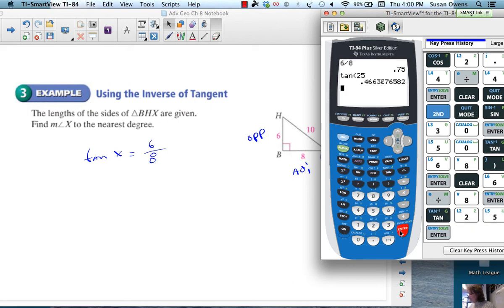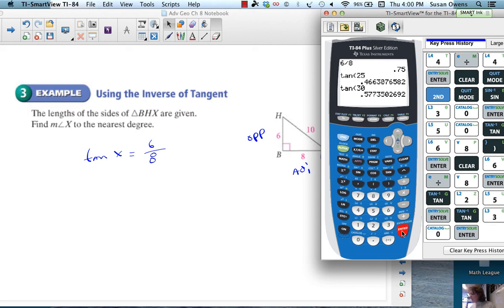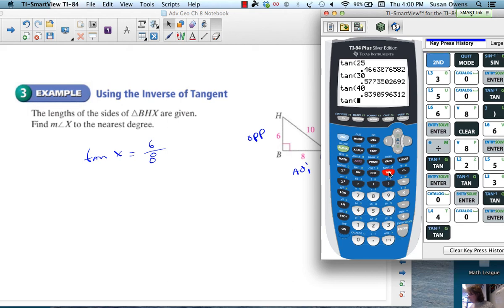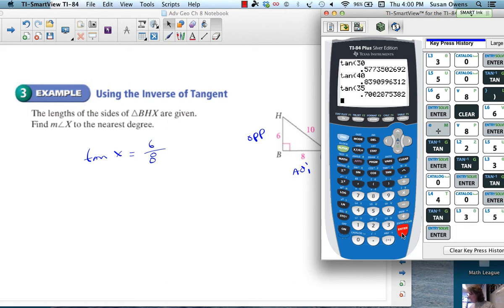Oh, too small. Let's go higher. Tangent of 30. Too small. Got to go higher. Tangent of 40. Oh, too big. Smaller than that. Tangent of 35. Getting closer. Now, nobody wants to do that.